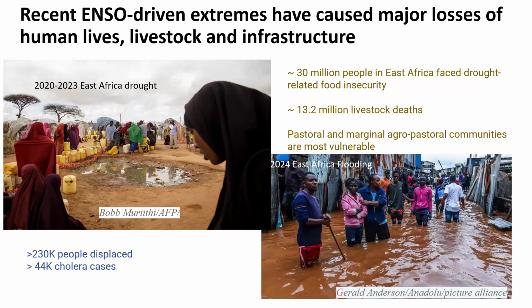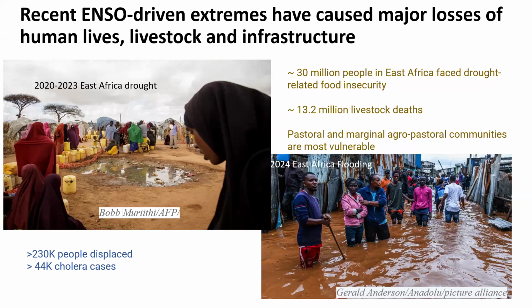And the year following that, so following the several failed rainy seasons, the region was hit by extremely heavy precipitation. You all might remember we went from a 3-year La Nina to an El Nino, and that contributed to extremely heavy rainfall in the region, and that also had impacts on communities in addition to the increase in waterborne diseases.